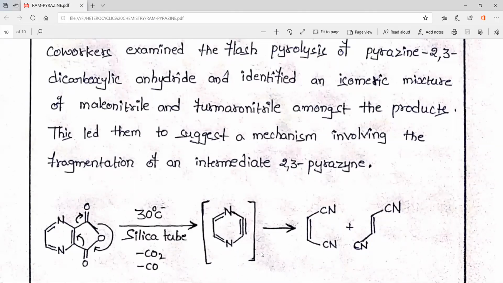Which results in the formation of two nitriles. So malononitrile and fumaronitrile.